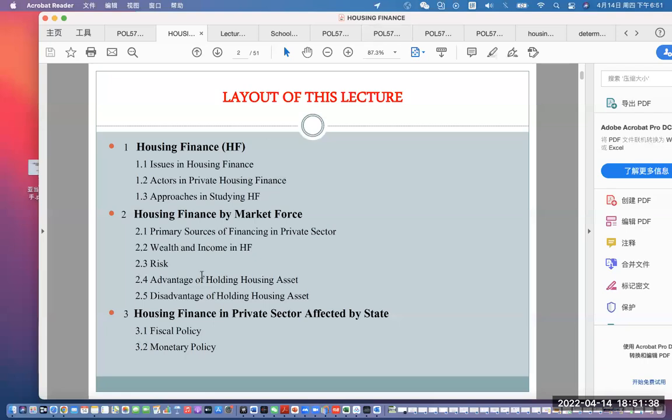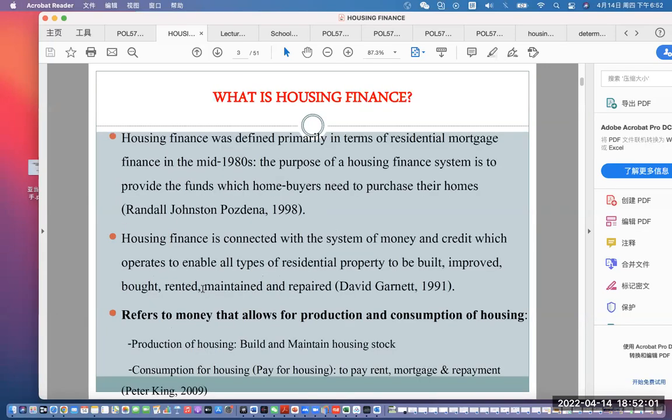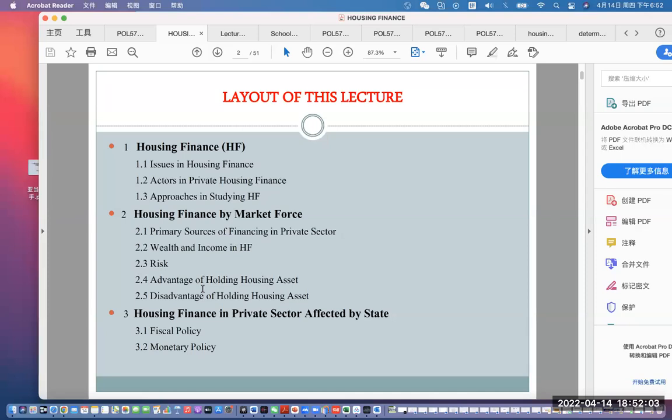And then we introduce how housing finance would be intervened in by market forces. We have introduced the primary sources of financing, and the merits and demerits of holding housing assets. And also housing finance in the private sector, which is affected by the state, right? Fiscal and monetary policies, etc.